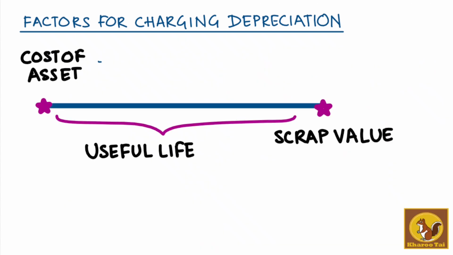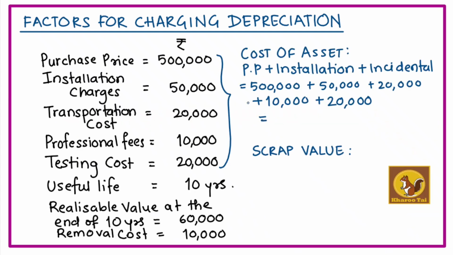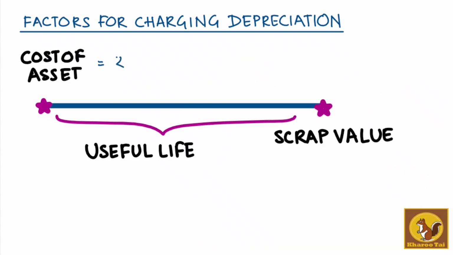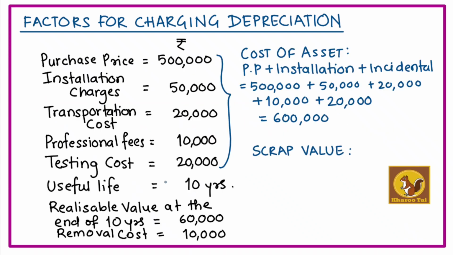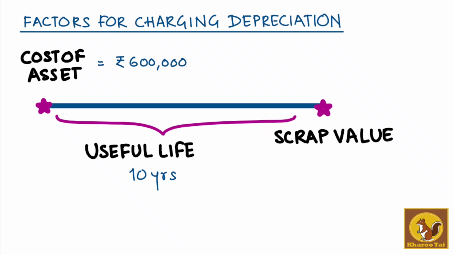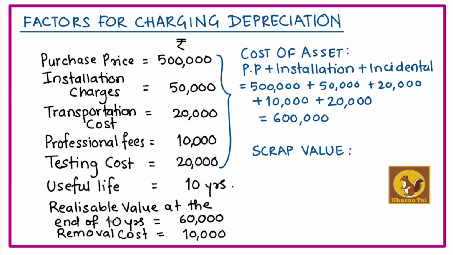So the first component we have got, what is the price? This comes to 6 lakhs, right? So our cost of asset is rupees 6 lakhs. Then is useful life. Useful life is given as 10 years, and scrap value is, what is scrap value? It is realizable value minus removal cost.